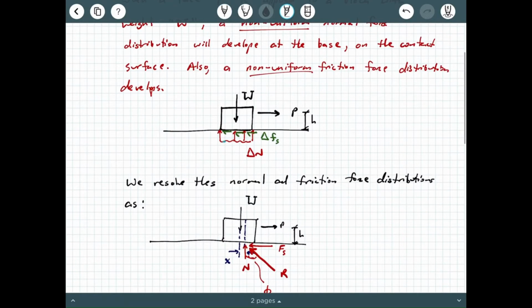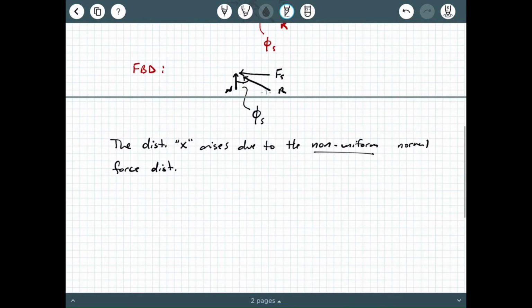Remember, we drew that original distribution. This is non-uniform. It's got some kind of non-uniformity to it, which pushes the resultant force of N off center from the resultant of W. Okay, so that's the general background of it.